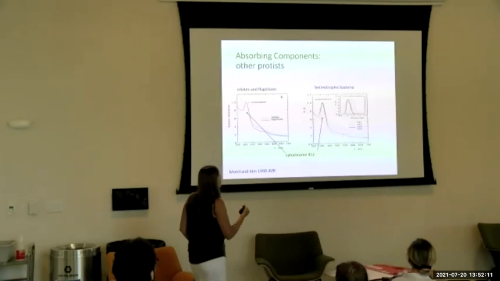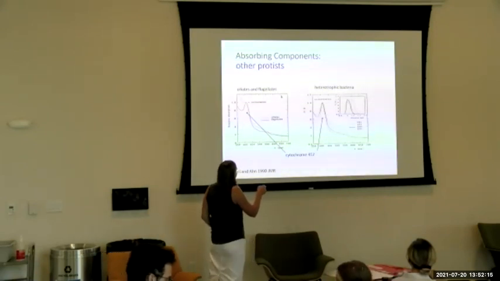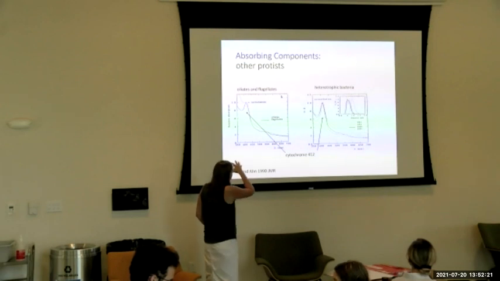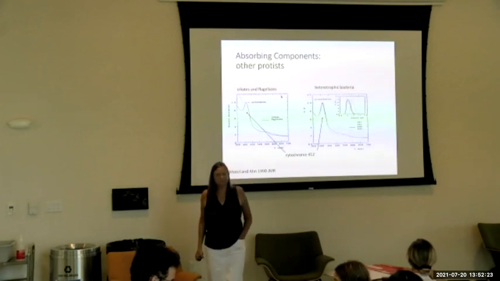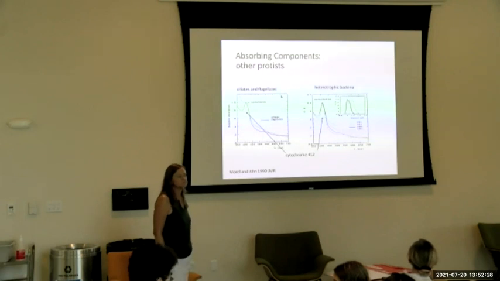Okay. The other organisms that absorb, these are other protists like ciliates and flagellates that don't have specific photosynthetic pigments, or heterotrophic bacteria. What do you notice about their absorption spectra? Anything look familiar? There's the blue peak, but not the red peak.